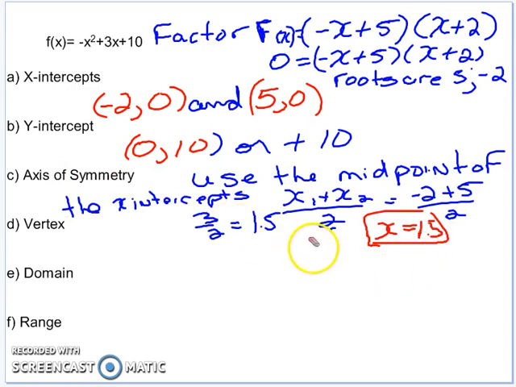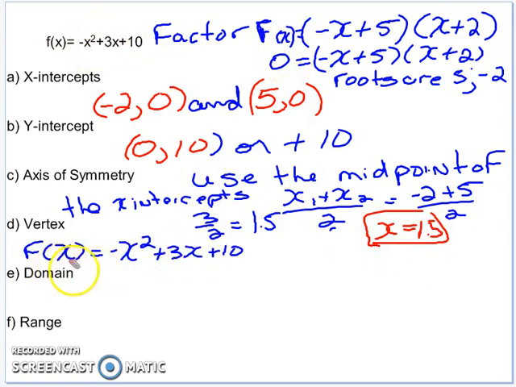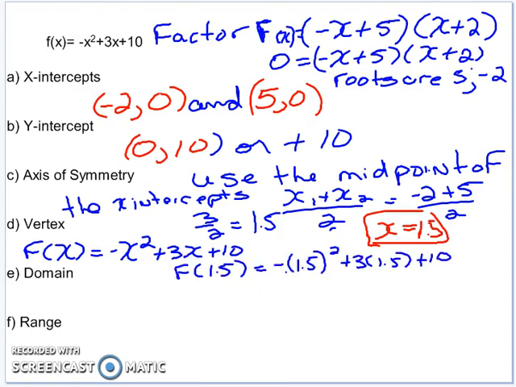Okay, and this is going to allow me to actually find the vertex. How do I do that? Well, I take my x is equal to 1.5 and go back to my original equation, f of x is equal to negative x squared plus 3x plus 10. I substitute in the value of 1.5 for my x. So f of 1.5 is equal to negative 1.5 squared plus 3 times 1.5 plus 10.